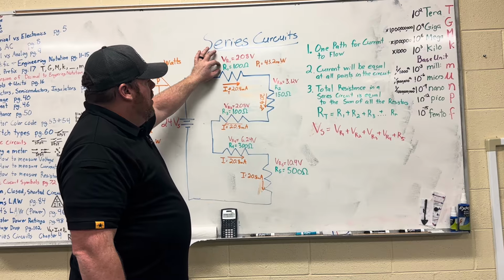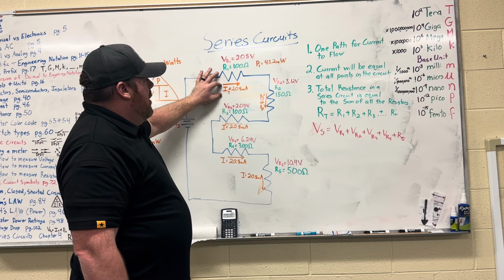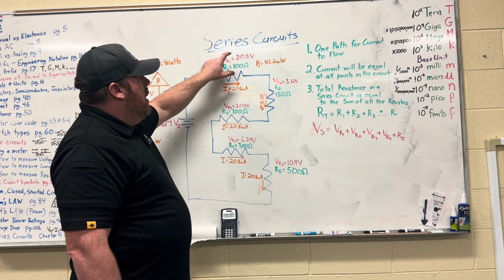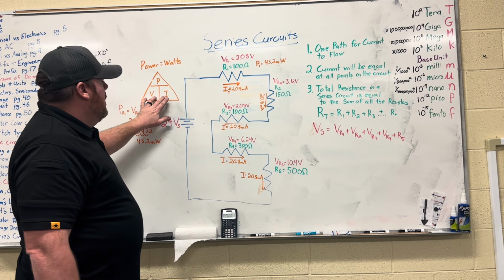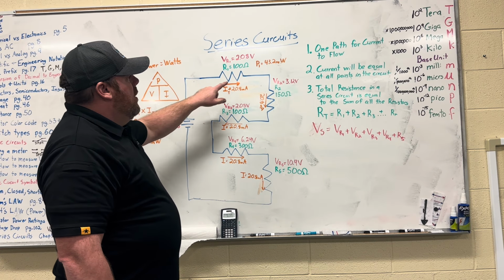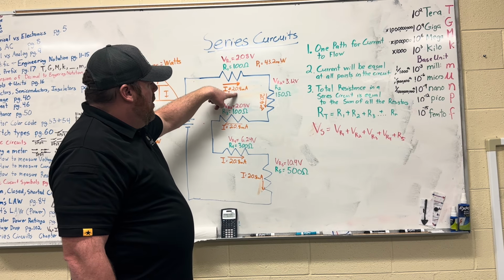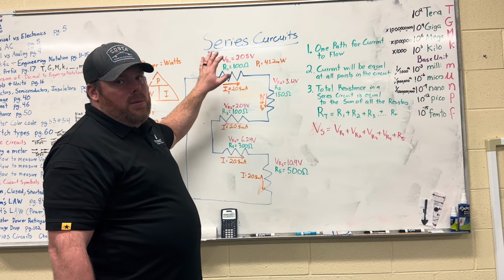We had a 100 ohm resistor, we had a total current of 20.8 milliamps, and based on those we figured out a voltage drop of 2.08 volts. To do power, I simply need the voltage drop at this point times the current flowing through this point, and this is the power consumption of this resistor.